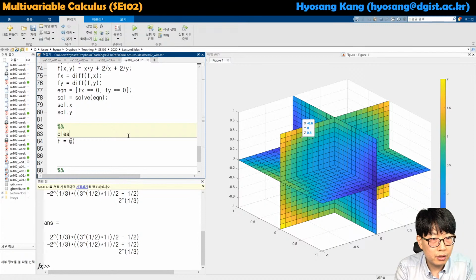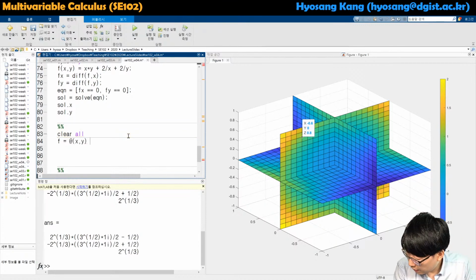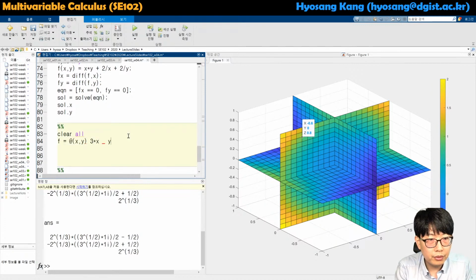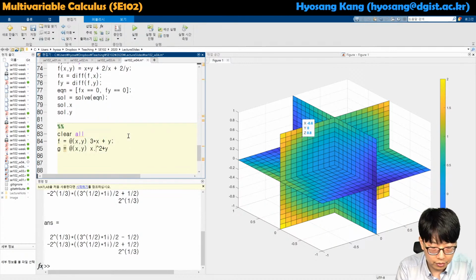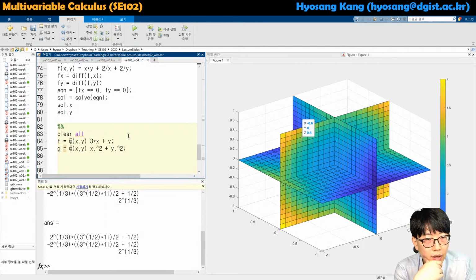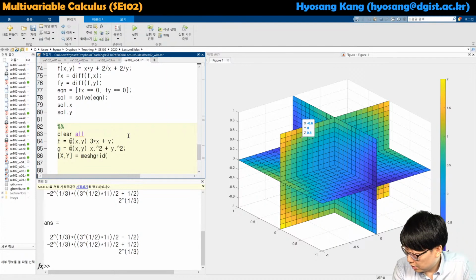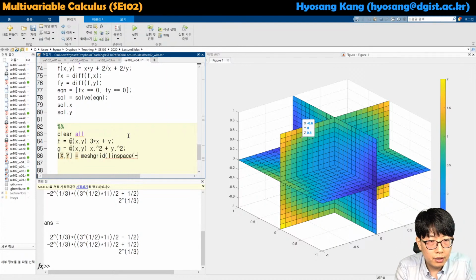I have to clear all. f(x,y) is 3 times x plus y, and g(x,y) is x dot squared plus y dot squared, and x, y equals meshgrid.